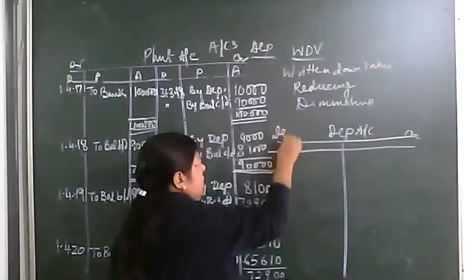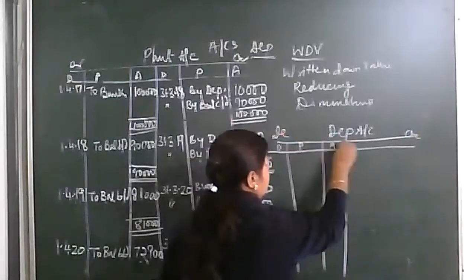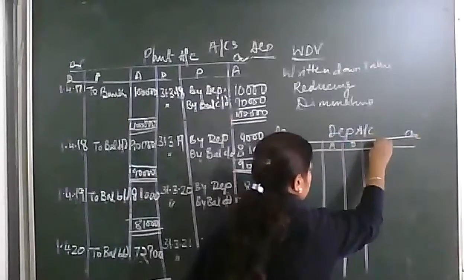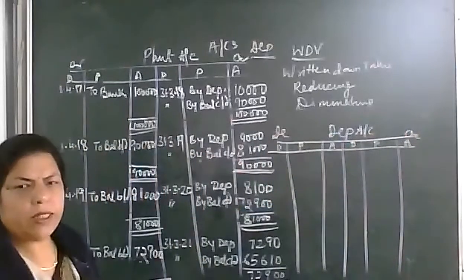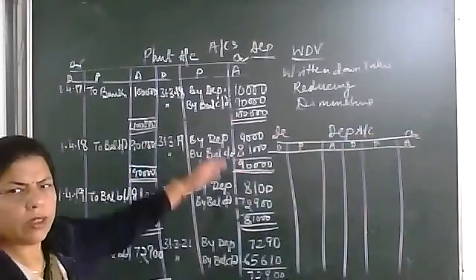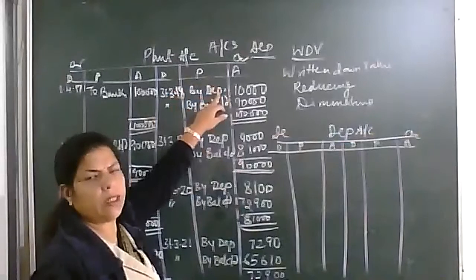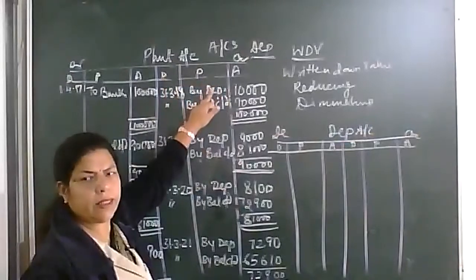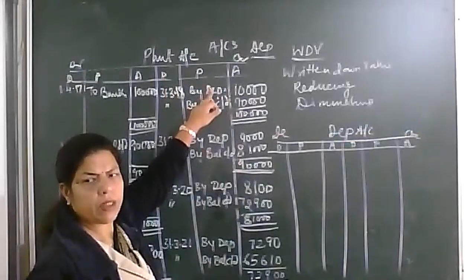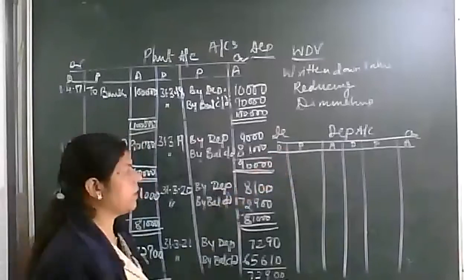Debit, credit, again date, particulars, amount, date, particulars, amount. See how to make the depreciation account. Look here, depreciation is in the plant account and that is on the credit side. So we have to transfer it to the debit side.